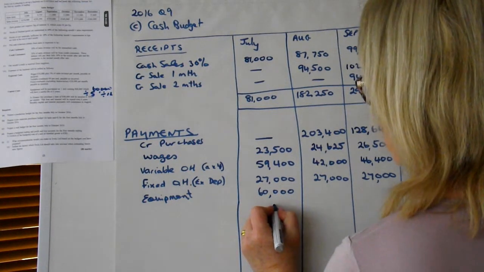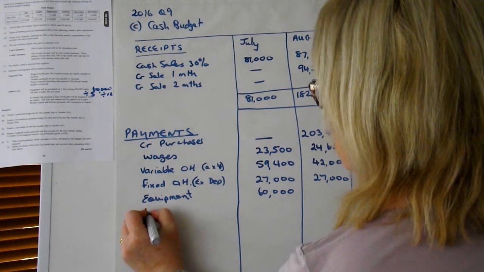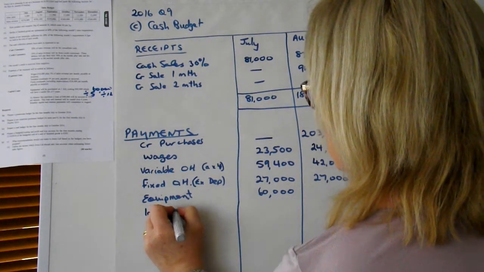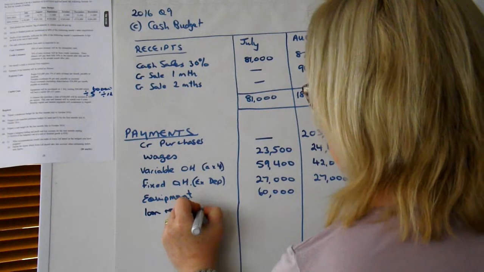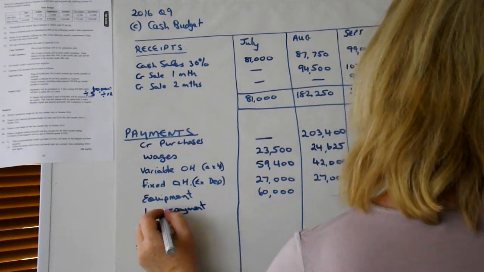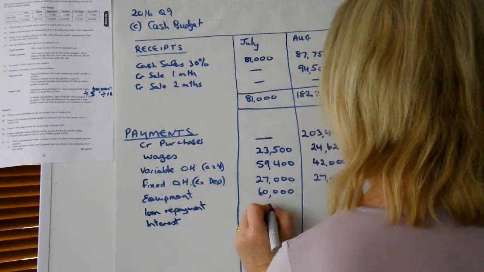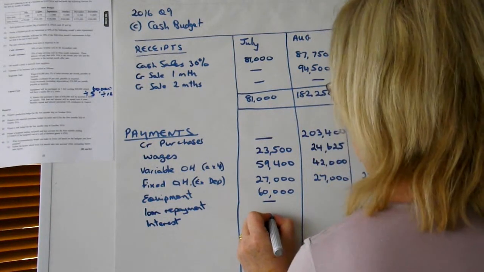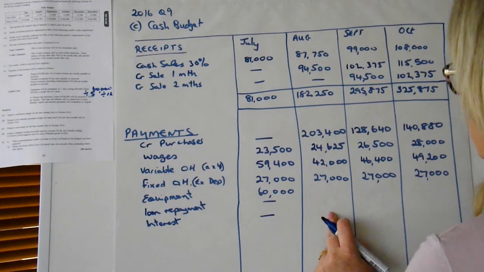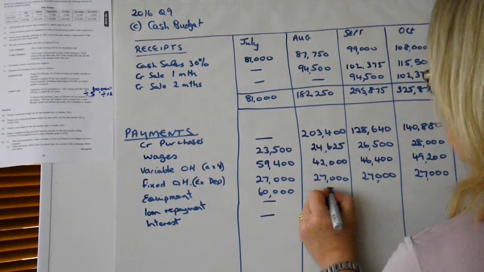So we have 2 things to add in here: the loan repayment and also the interest. So we're not repaying in July, we only start the repayments out in August. We want to show those.